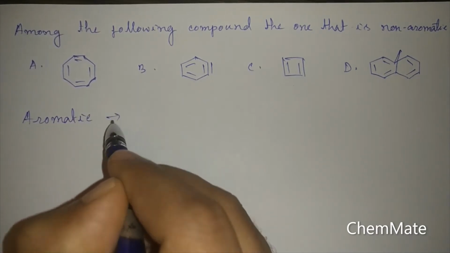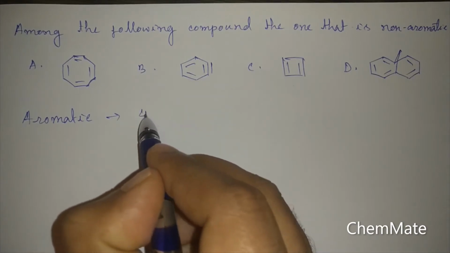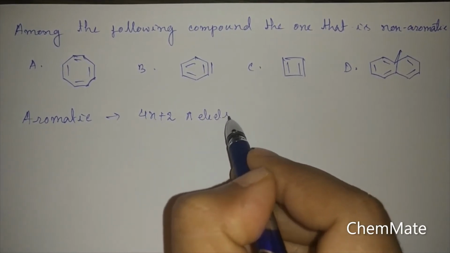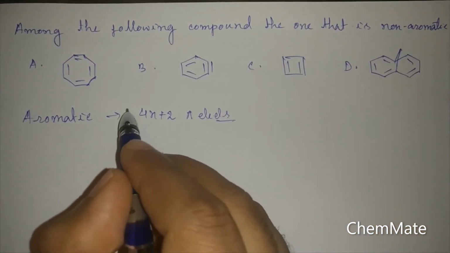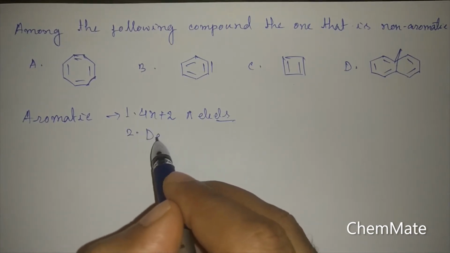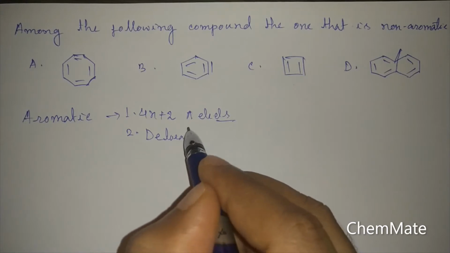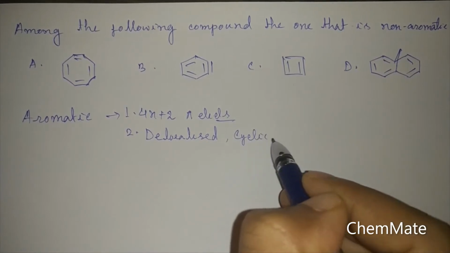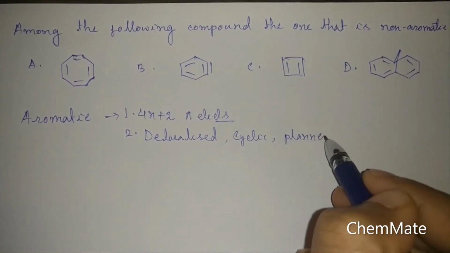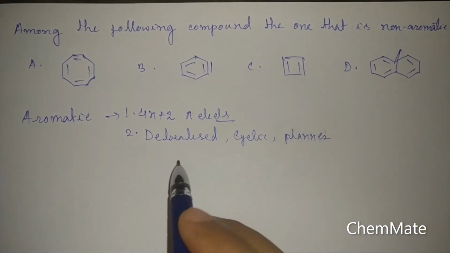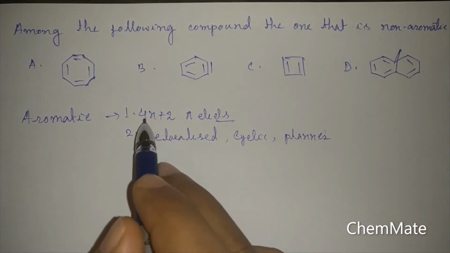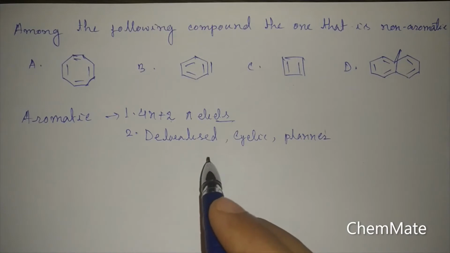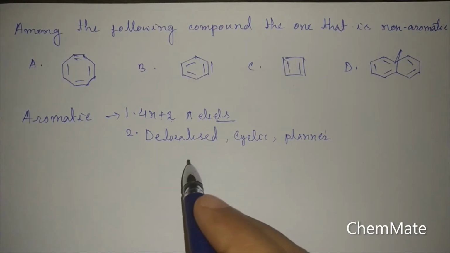The condition for an aromatic compound is it must contain 4n plus 2 pi electrons which are delocalized, and it must be a cyclic planar system, that is, it must be a 4n plus 2 conjugated cyclic planar delocalized system. That is the condition for aromaticity.